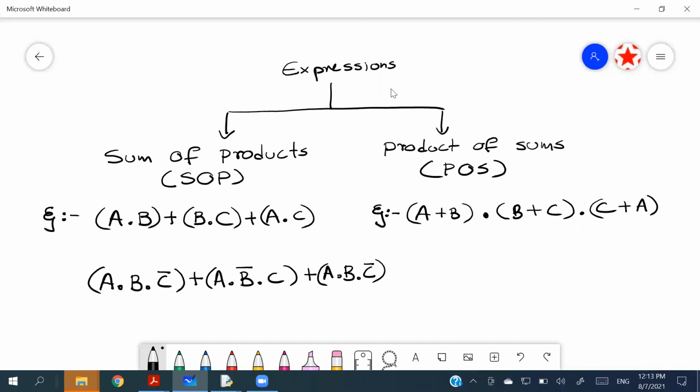So these two expressions, if you compare the above expression and the below expression, there are differences. What is the difference of the above expression and the lower expression? What can you recognize? Compare each and every term.